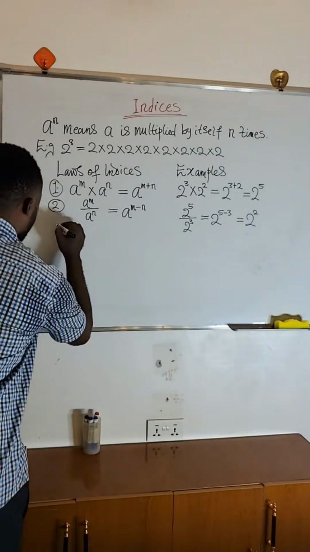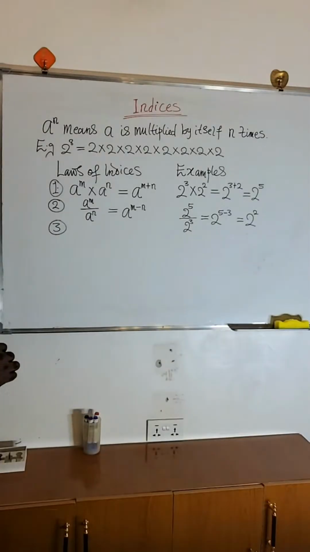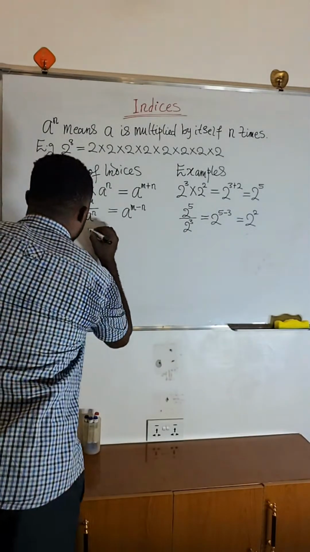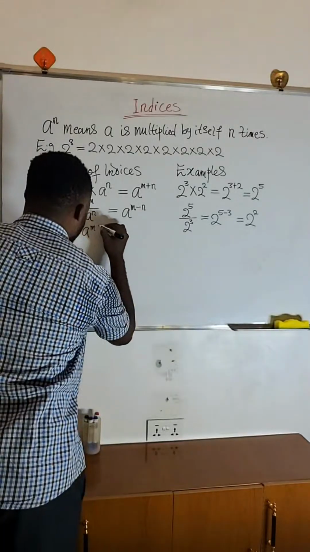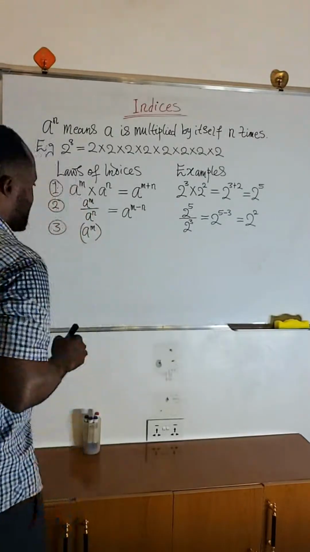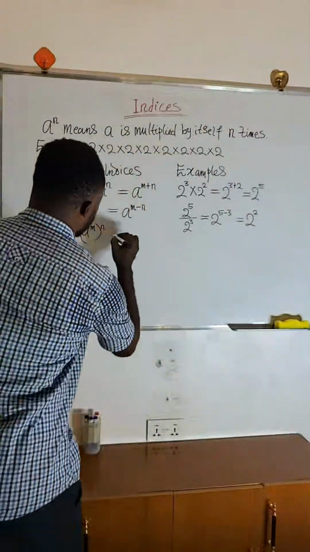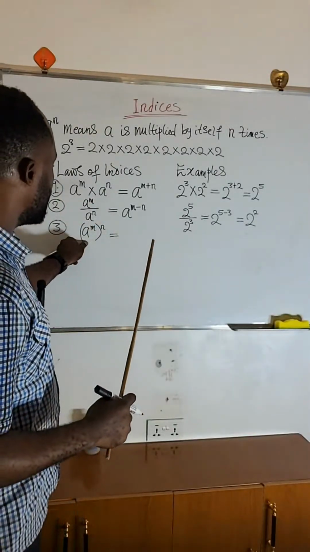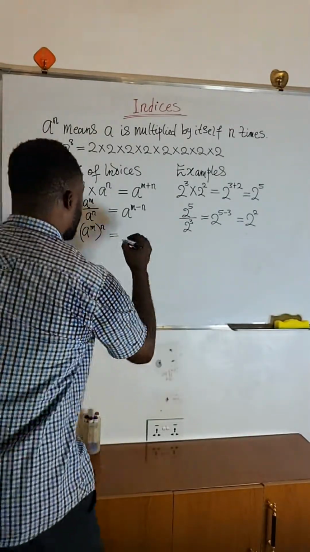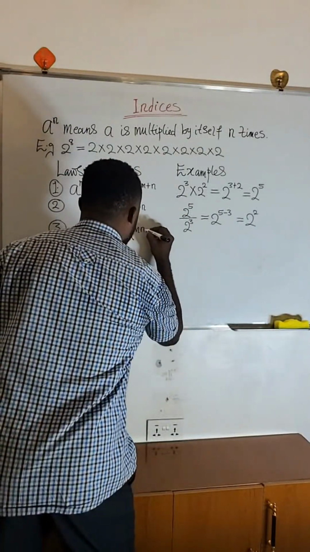Then if we have number 3, if we have a raised to the power of m in bracket raised to the power of n, this will be equals to a raised to the power of m times n.